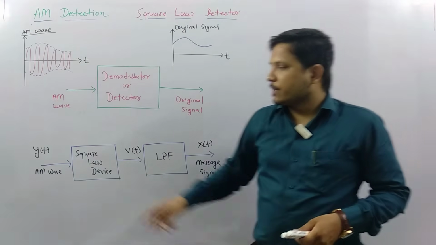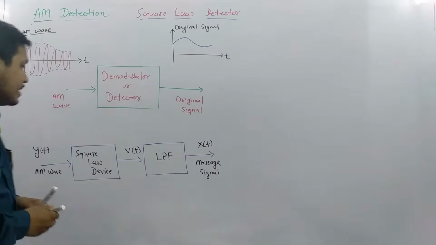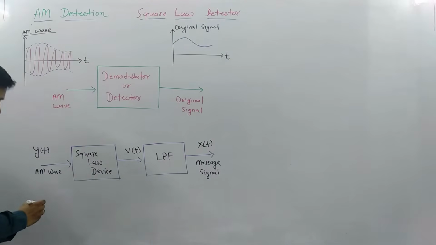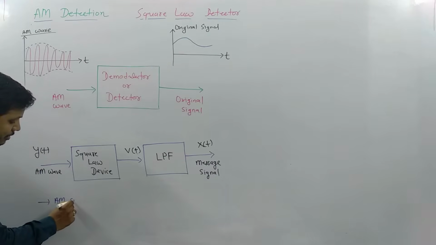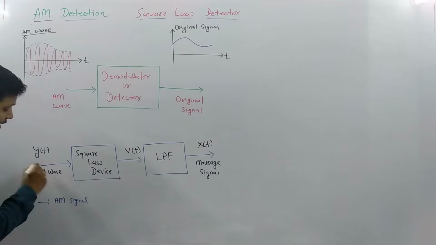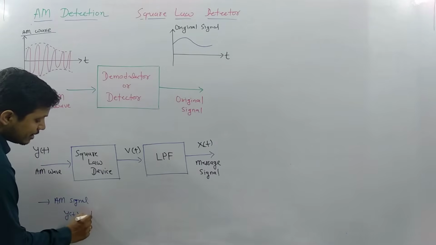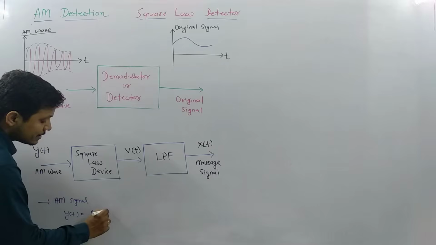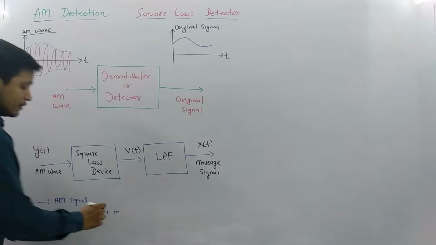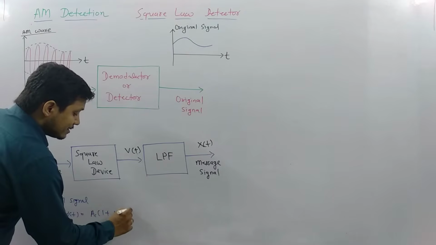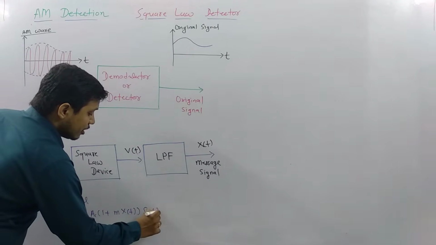So here we have input, that is AM wave. Now see, as we have earlier discussed, AM signal, that is YT, and that AM signal is AC into 1 plus modulating index into original information XT into sine omega CT.